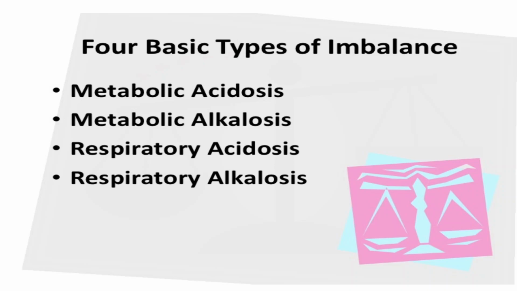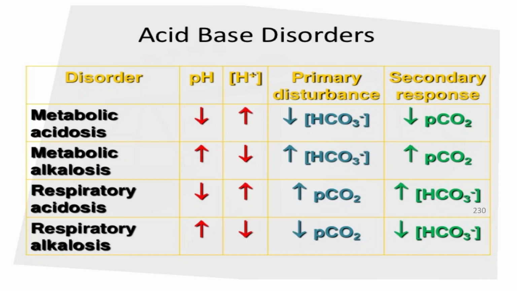Respiration and metabolism are the major sources for the acid-base imbalance, or maybe the means through which we can manage that acid-base imbalance, and that's why we categorize these imbalances into two categories, metabolic and respiratory, and then again the subcategory like acidosis, where the pH gets reduced, and alkalosis, where the pH is increased. Now we go one by one.